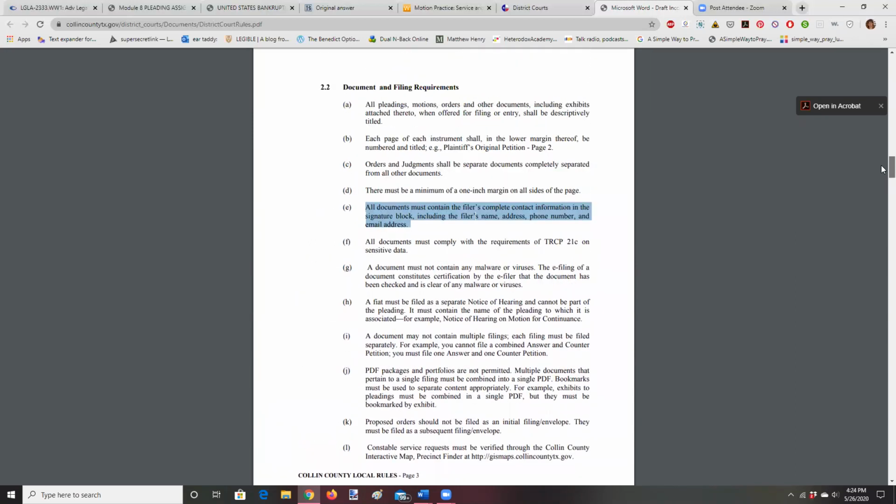So you could be fully in compliance with the rules and have a caption that is completely not what the court is used to seeing. Now, is the clerk going to reject your filing under those circumstances? Probably not. But again, you're still going to have that moment where the court's like, what is going on here? So it's good, beyond looking at the local rules, to Google and see what documents in this jurisdiction typically look like.